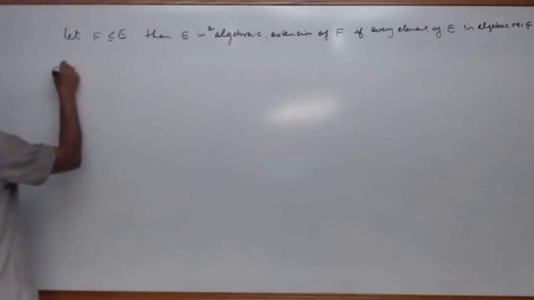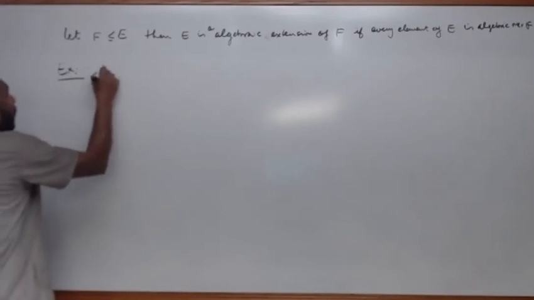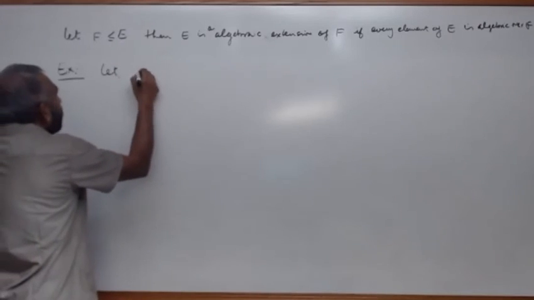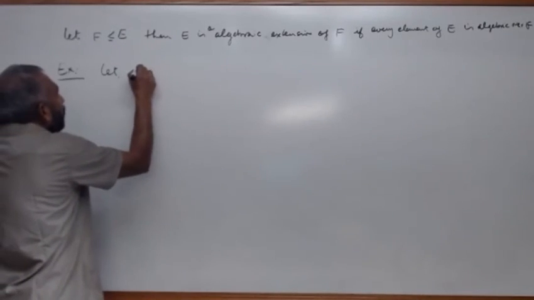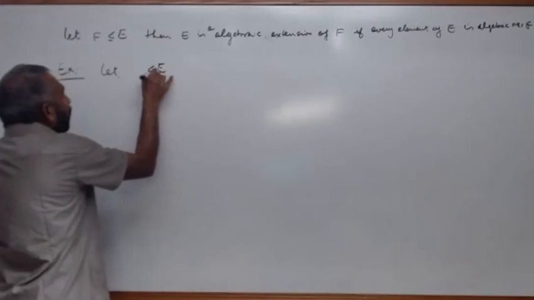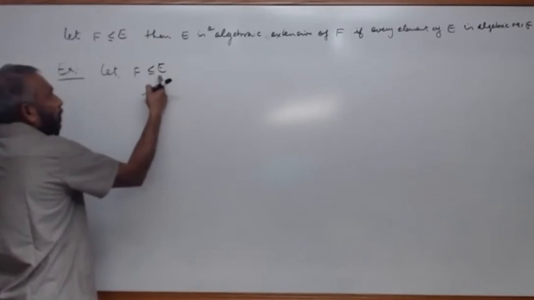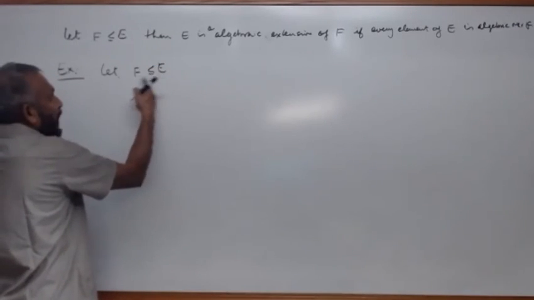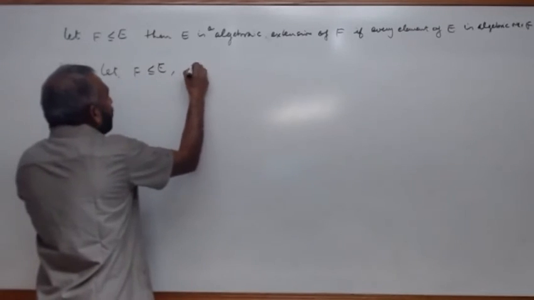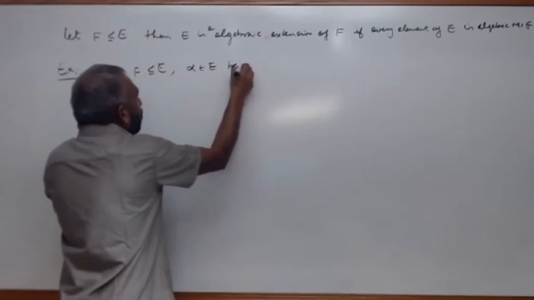Example: let E be an extension of F. We don't want to say this is an algebraic extension, just any extension. Let alpha belonging to E be algebraic.